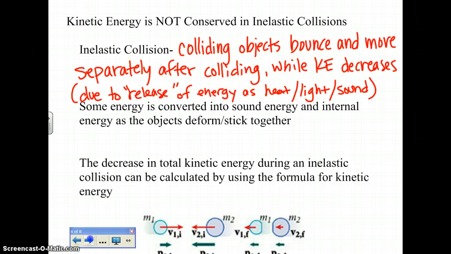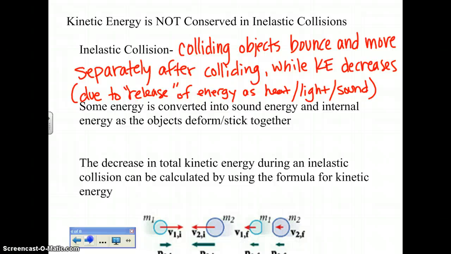Okay, some energy is converted into sound energy and internal energy as the objects deform. The decrease in total KE during the inelastic collision can be calculated by using the formula for kinetic energy. You guys should recall this. Even if you didn't have physics last year, this goes back to your initial physical science course, whatever you called it your freshman year.